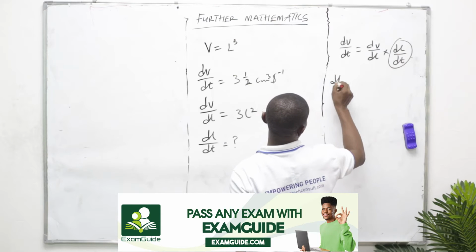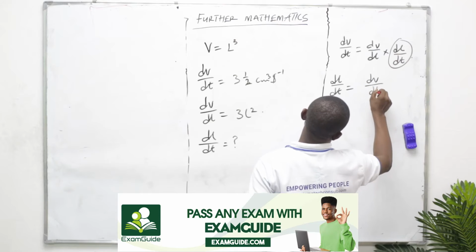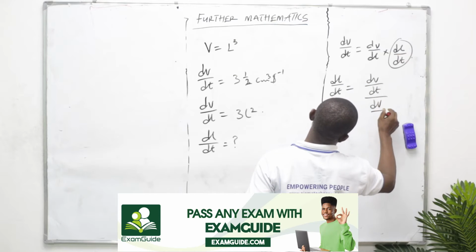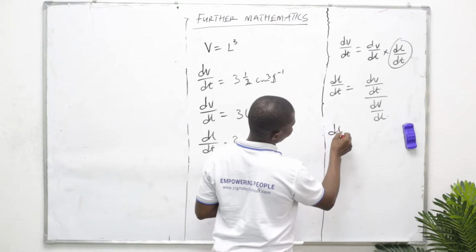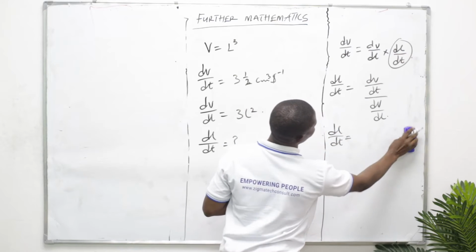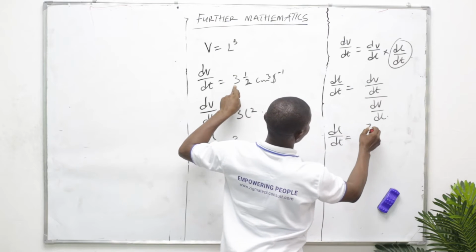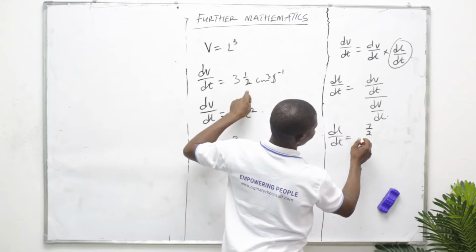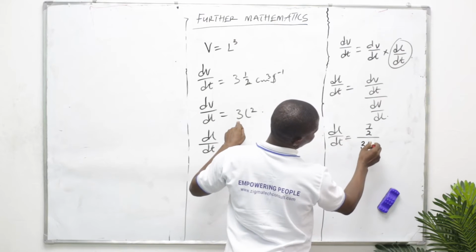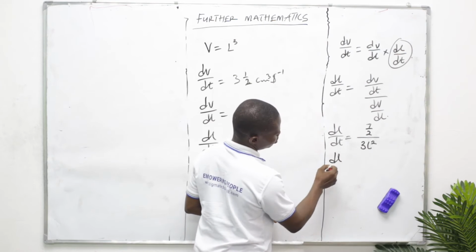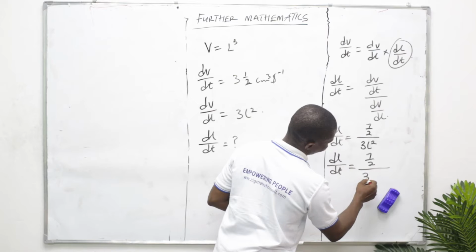That means that the dl dt equals the dV dt all over the dV dl. Now, the dl dt equals the dV dt. What is the dV dt? That's 7/2 when we convert, divided by the dV dl. What is the dV dl? 3L squared. Now, the dl dt equals 7/2 all over 3 into L squared.